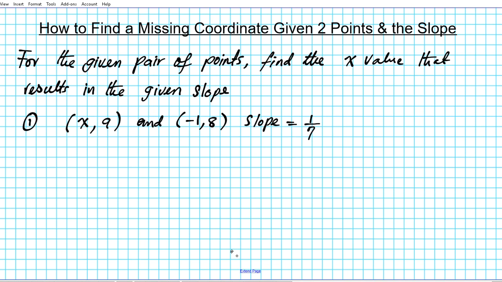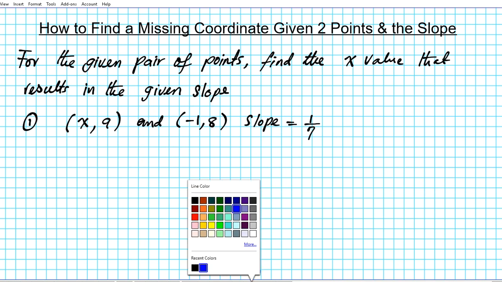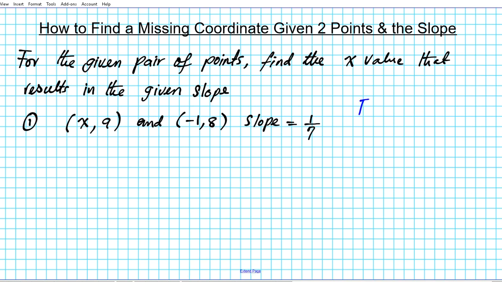To get us started, let's take a look at the formula that is going to guide our problem solving process. The formula that we're going to be using is the slope formula. Slope, which is also represented with the letter m, as you might recall, is rise over run.